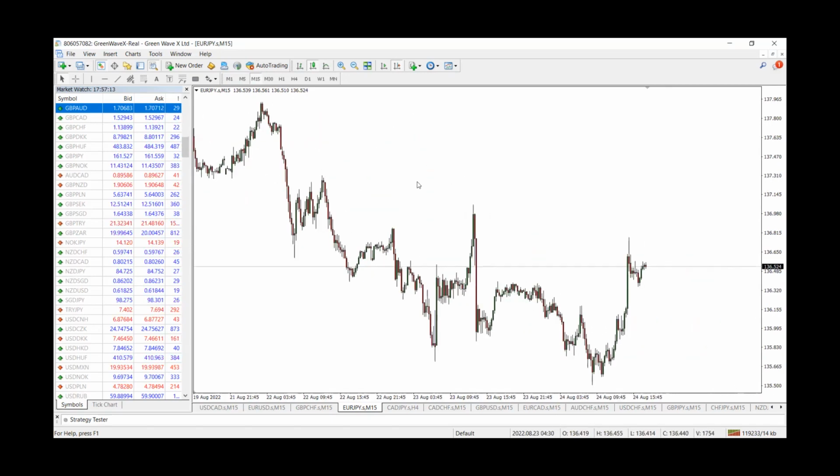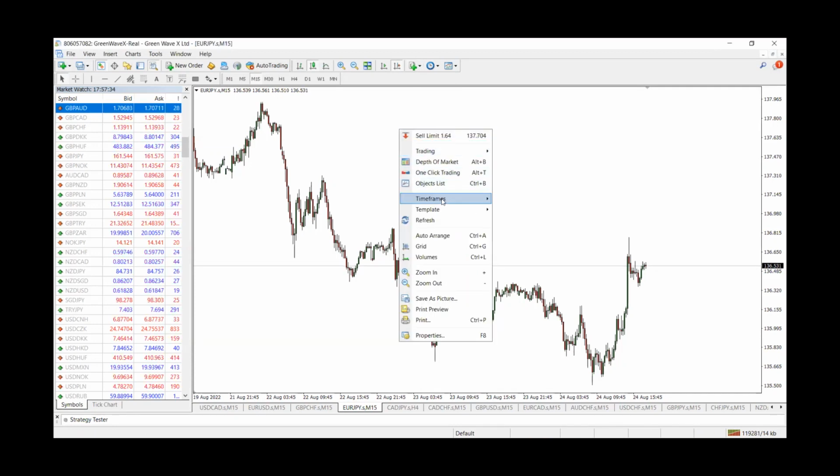Okay. So to plot a moving average, all you need to do is to come here. This is where we have the list of indicators. You can right click, and can we find indicators here? I don't think so.